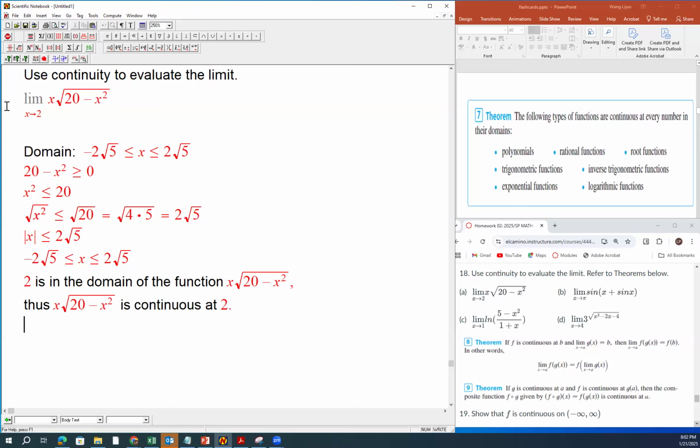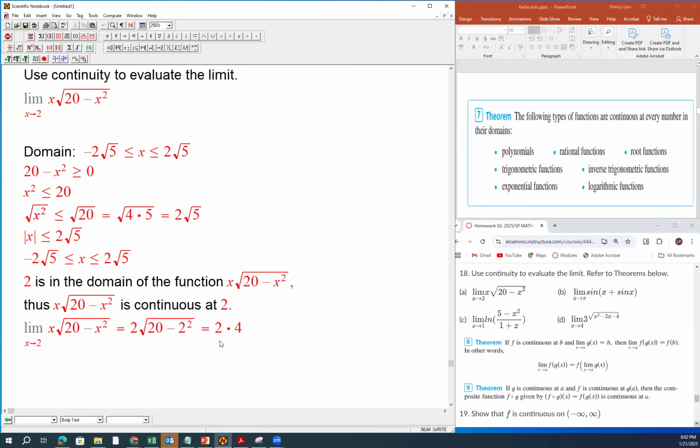Now we can use continuity to evaluate the limit. How do we do that? We just do direct substitution. Replace x by 2. What do we get? 2 times root of 20 minus 4, that's root 16.